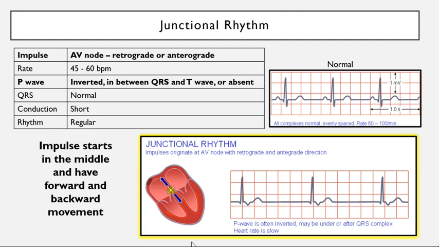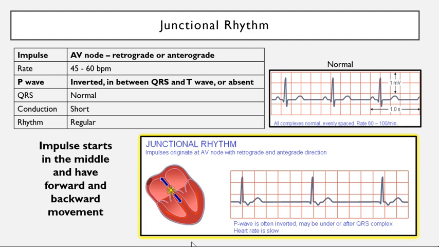And it's made weirder by the fact that you do have electricity going upward from the AV node. So it's starting in the middle of the heart, and then it's expanding to where your atrium and your ventricles are stimulated by that same impulse, and so the P wave is going backwards.